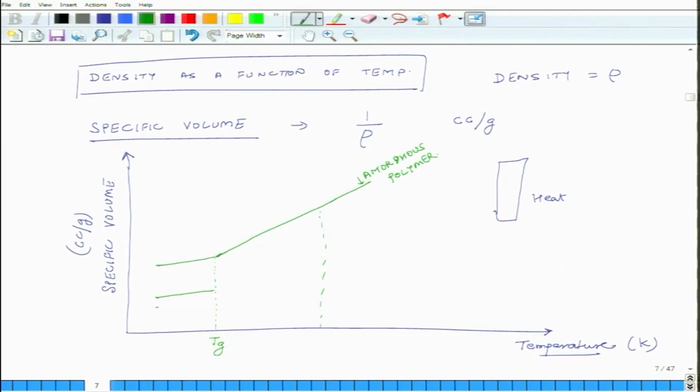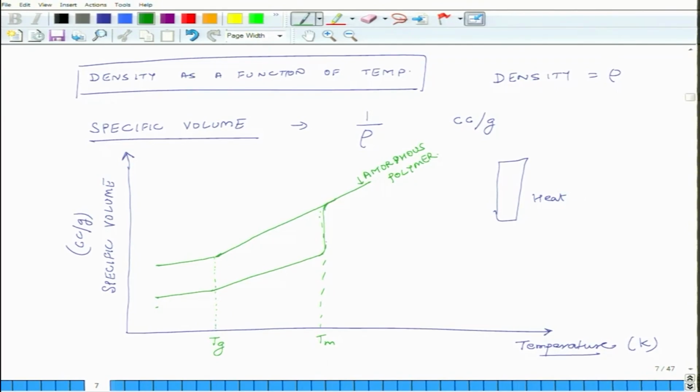and after the glass transition temperature has been crossed, this also increases at a rapid pace. But once your melting point has been crossed, then all of a sudden it becomes like this.